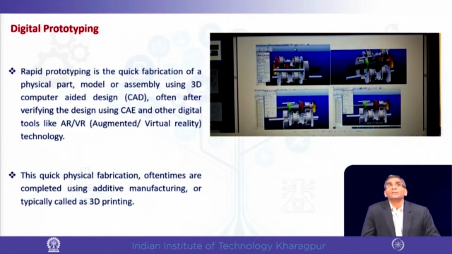What is it? So, rapid prototyping, as we said, is a quick fabrication of a physical part or assembly using a 3D computer aided design CAD, often after performing the CAE, that is computer aided engineering, or simulation as it is called.